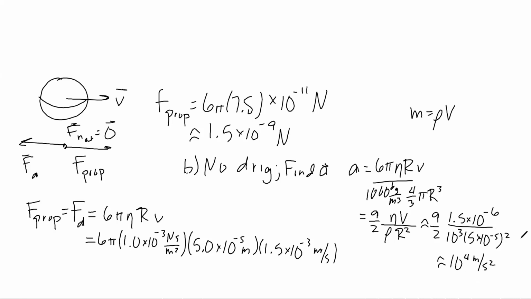So these are very short, very big bursts of acceleration. Because on the top you have 10 to the negative 6. On the bottom you have 10 to the negative 10. No, sorry. Let's see. You have a 3 and then a 10, so it's negative 7. So actually it's not 4. It's more like 10 to the 2. So it's a little bit smaller than that.